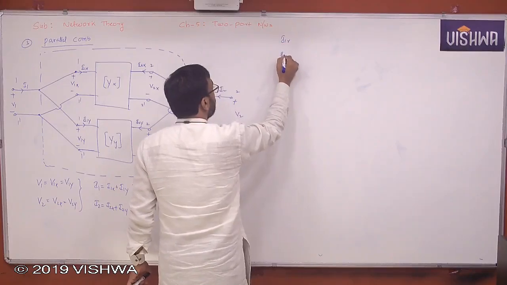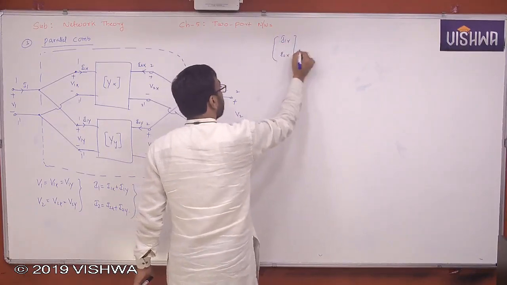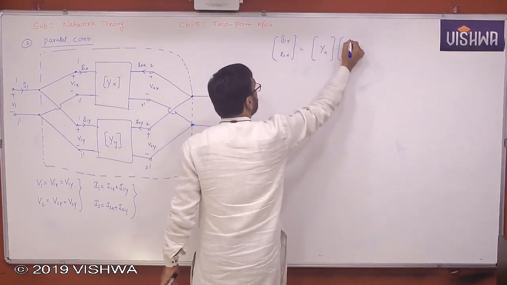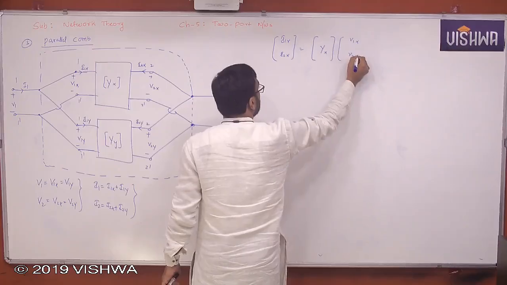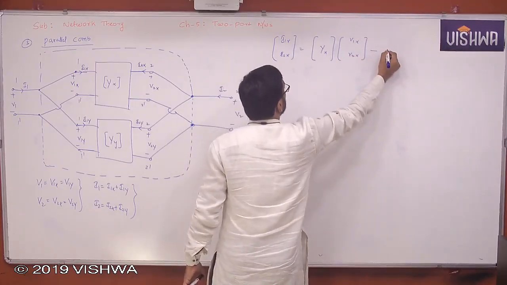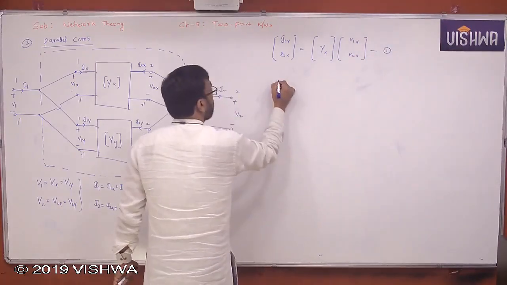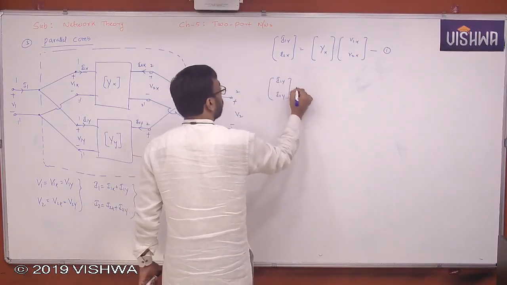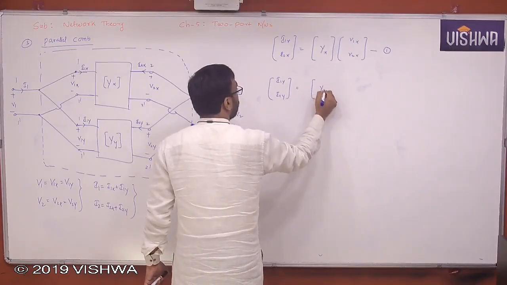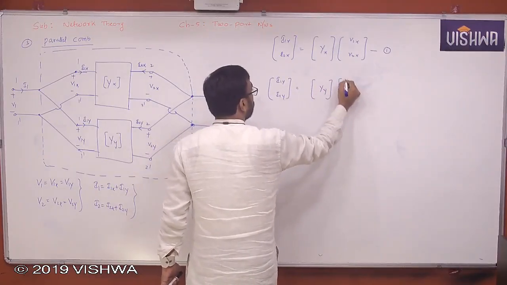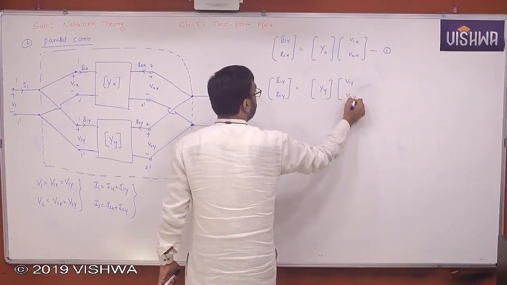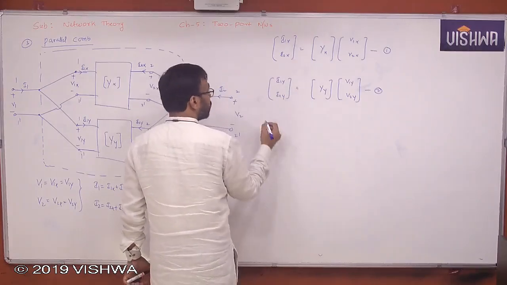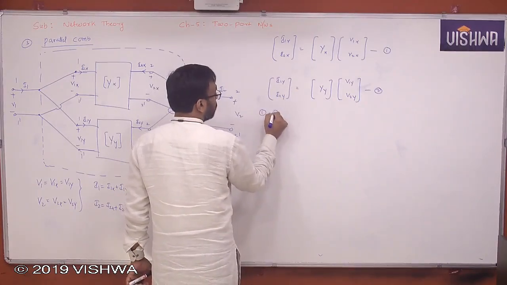Now, if you write the equations, I1x, I2x is equal to yx into V1x, V2x. Equation 1. I1y, I2y is equal to yy into V1y, V2y. Equation 2. If you add these two, 1 plus 2, what will you get?